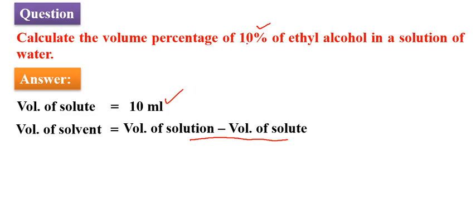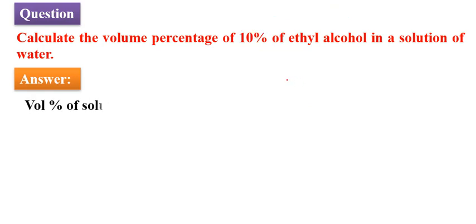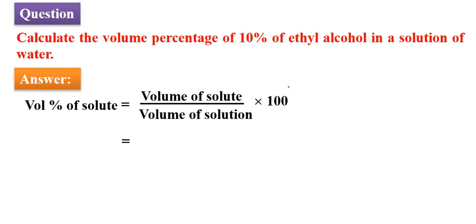Okay, because this 10 ml is present in 100 ml solution, right? That means solvent will be 100 minus 10, that equals 90 ml. Volume percentage of solute, in that formula you just substitute those values. 10 by volume of solution 100 into 100, that equals 10.